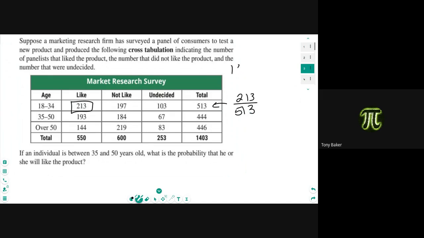That would be liked, given they're 18 to 34. That given piece tells you what the bottom is, because we pull that out first. We know this for a fact. Now, what's the probability they like the product?